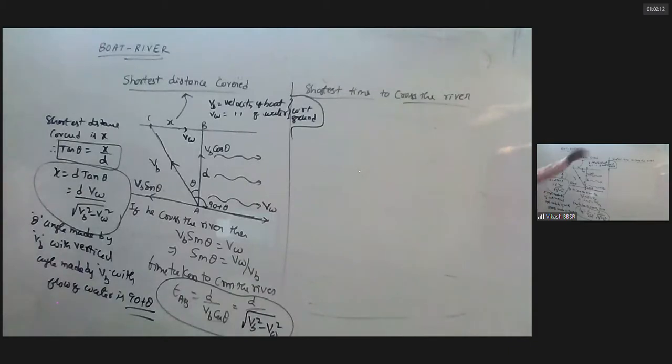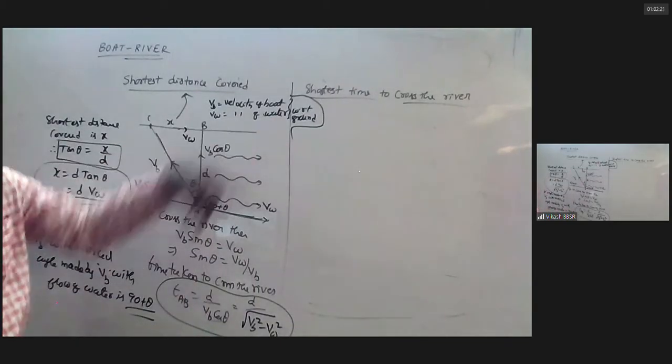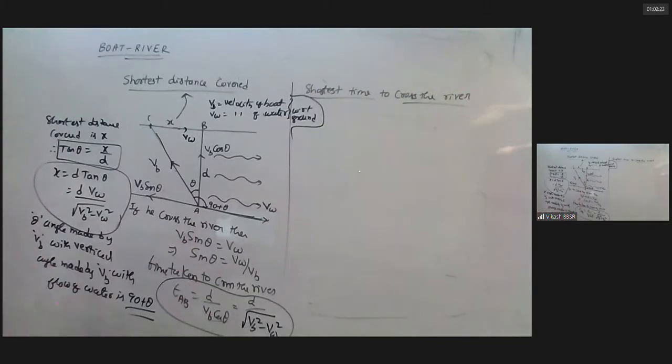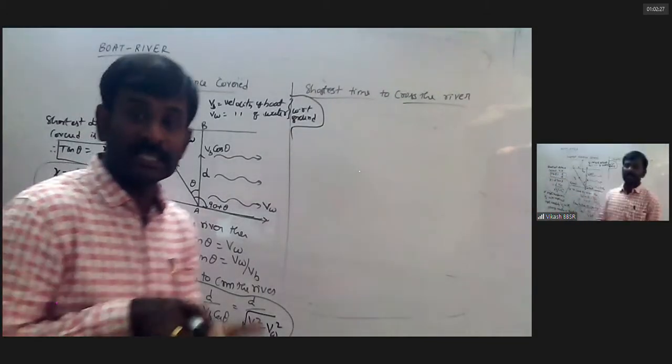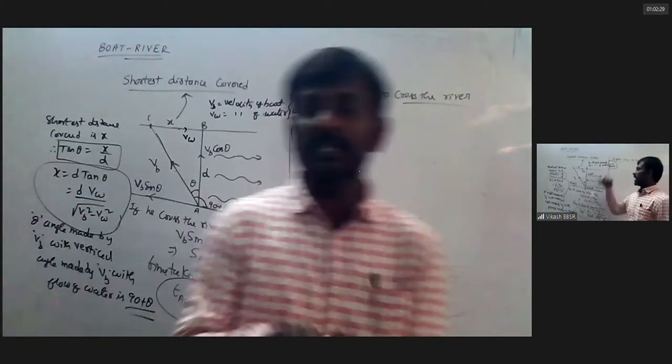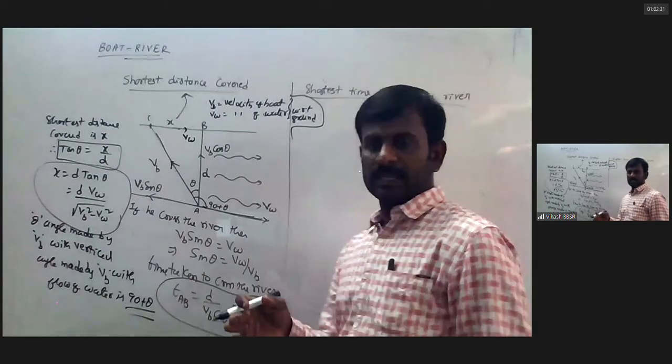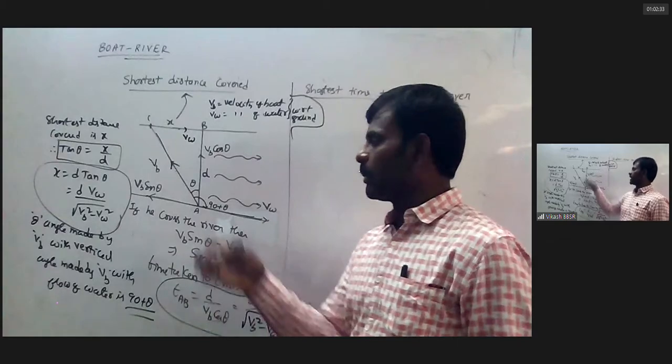That's all. Okay. In which case can we reach the other side in the shortest time? Left or right? Shortest time. Whatever the distance, if you want to reach the other end, you can go with the boat towards right or left.